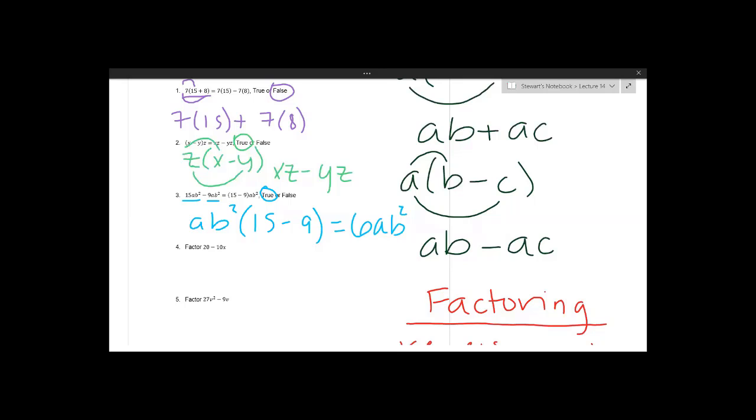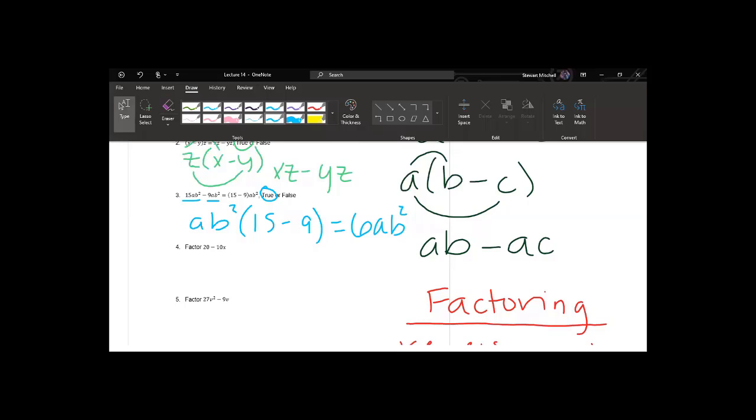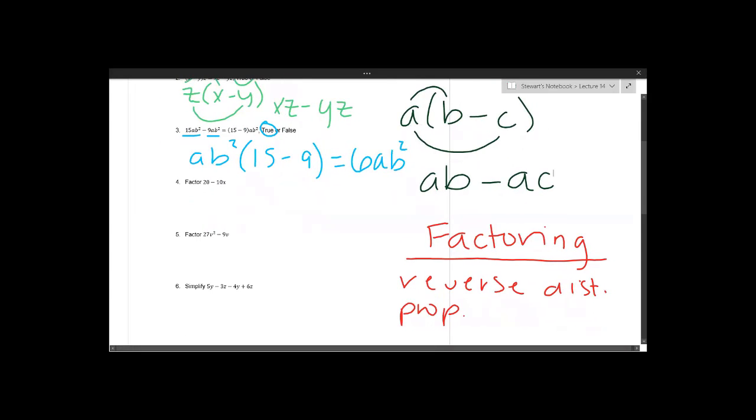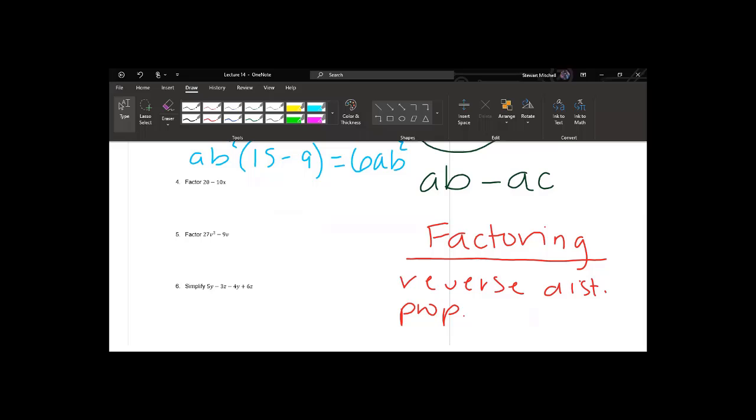But you can only subtract them like that because they both have the same variables, and in the same way, they both have the ab squared being multiplied to them. The distributive property just confirms what you've already done before with combining like terms. It works this way.